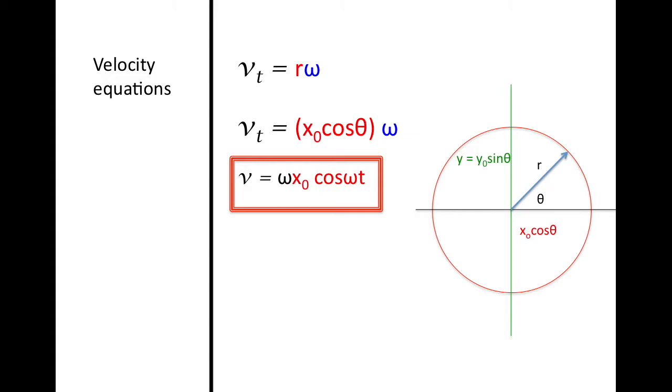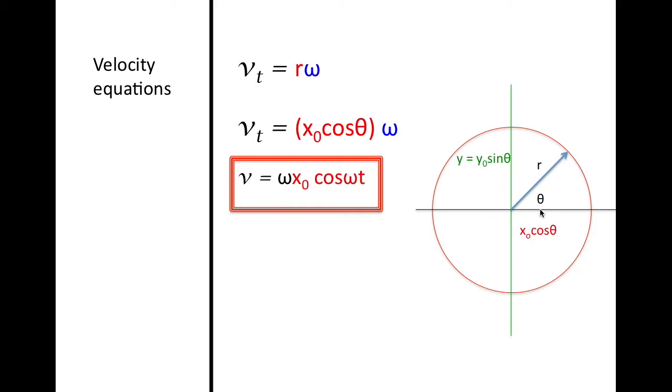Just as simple harmonic motion correlates with omega, the velocity can be interpreted within simple harmonic motion as shown in this equation. Here we have velocity equaling r times omega, and this is familiar to us.